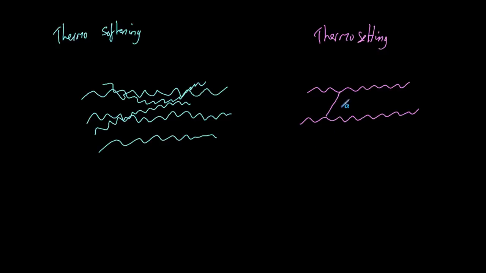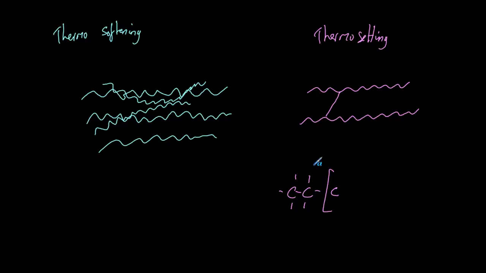And these linkages are covalent bonds. It's important to remember that a polymer molecule is made up of covalent bonds. So if you remember with ethene, let's say polyethylene, it looked like this.